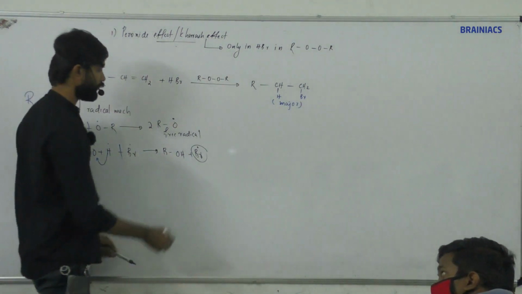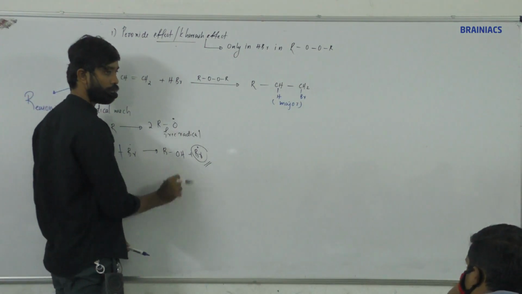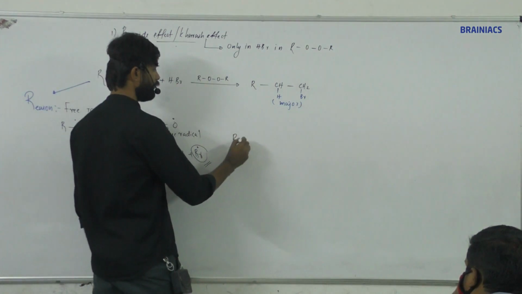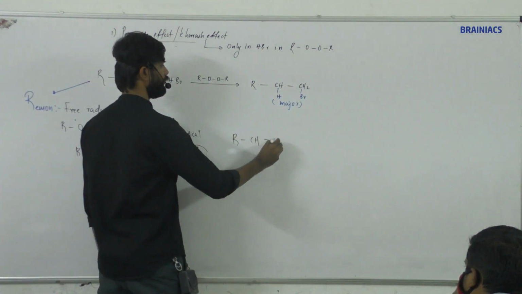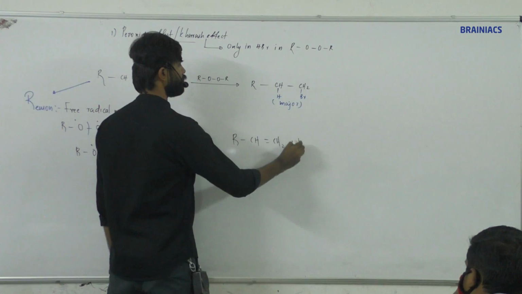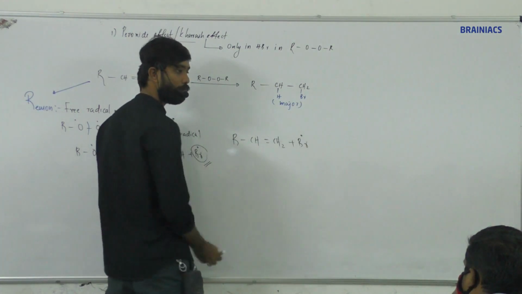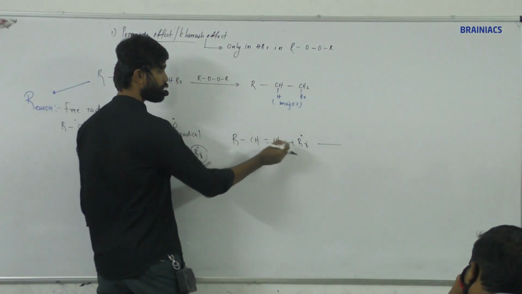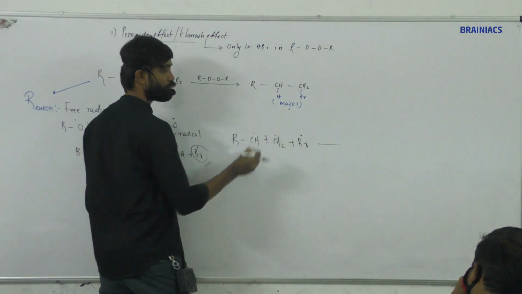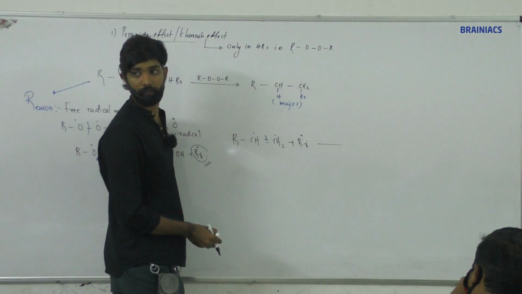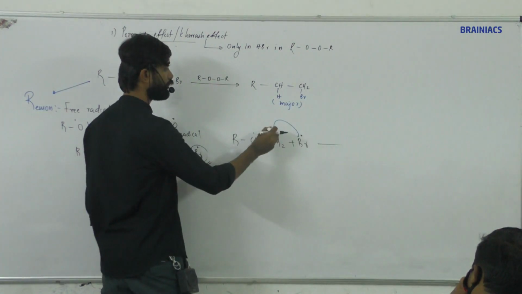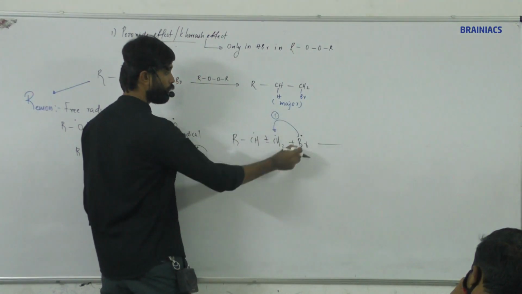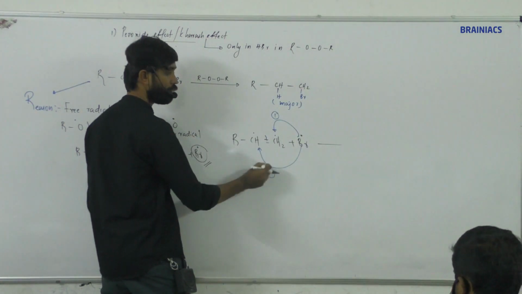Okay, now the reaction is under the control of the bromine free radical, and you have an alkene on treatment with the bromine free radical. Agreed? So what are the chances? In presence of the bromine free radical, this bond is also cleaved homolytically. So there are two chances. Either the bromine free radical goes to here, chance number 1, or the bromine free radical goes to here, chance number 2.